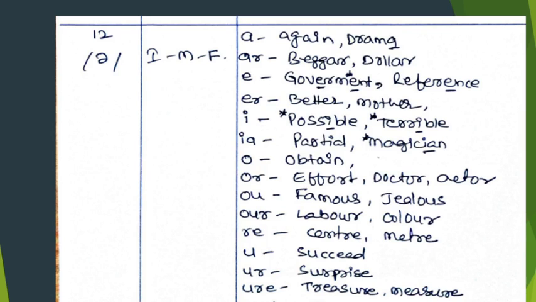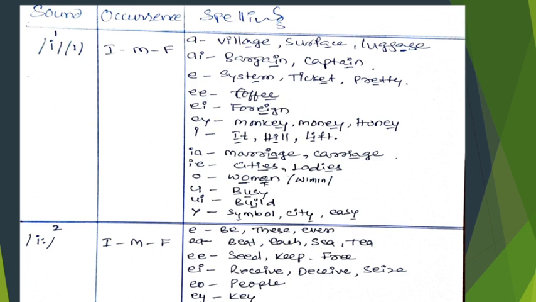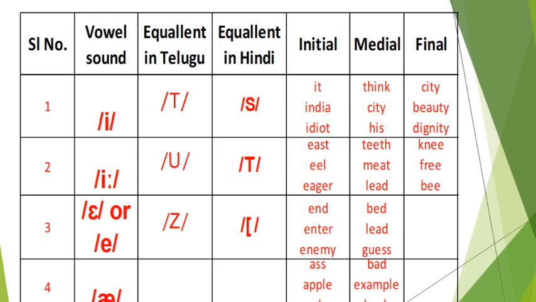By this we completed the 3 central vowels. Let's move on to the 5 back vowels.